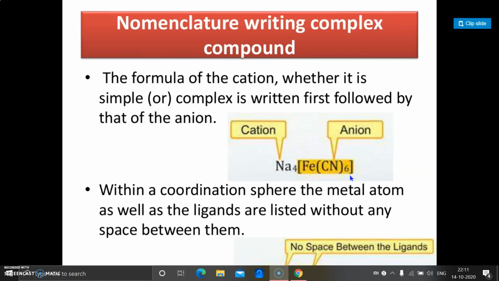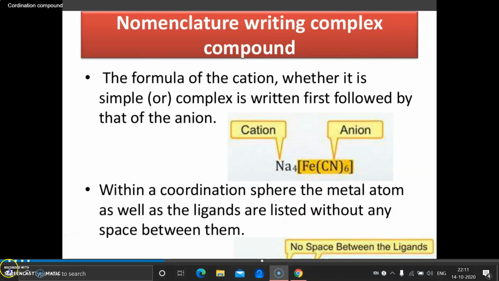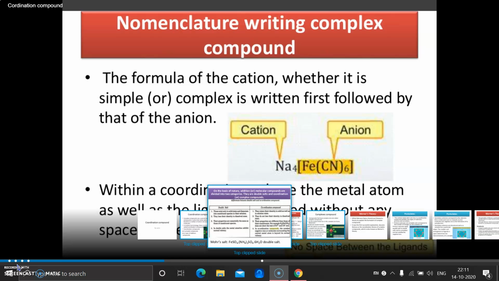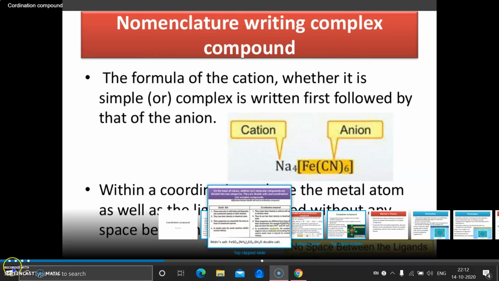Now the student should note that the procedure of writing the formula of a coordination complex is completely different from the procedure of naming it, or vice versa. This will be clear from the following discussion, that is, writing the name of coordination compound.